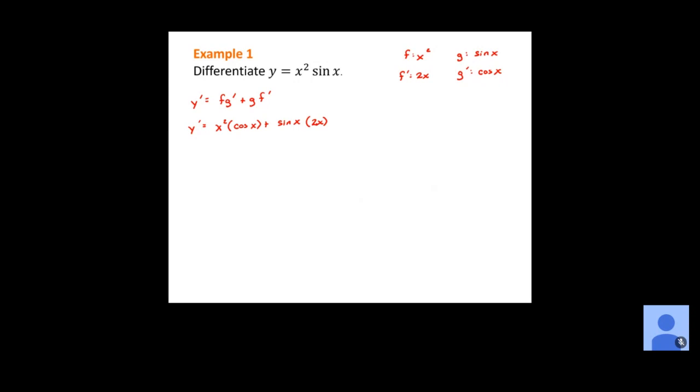If you want to rearrange terms here, you can definitely do that just so all your x's are out front of the trig functions. But overall, there's nothing else we can really do to simplify this. So this is just x squared cosine x plus 2x sine of x. Any questions on that one?